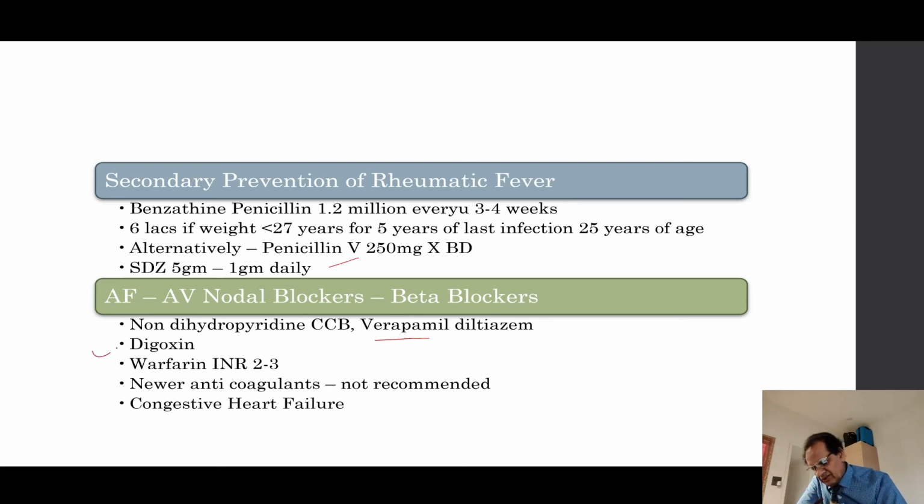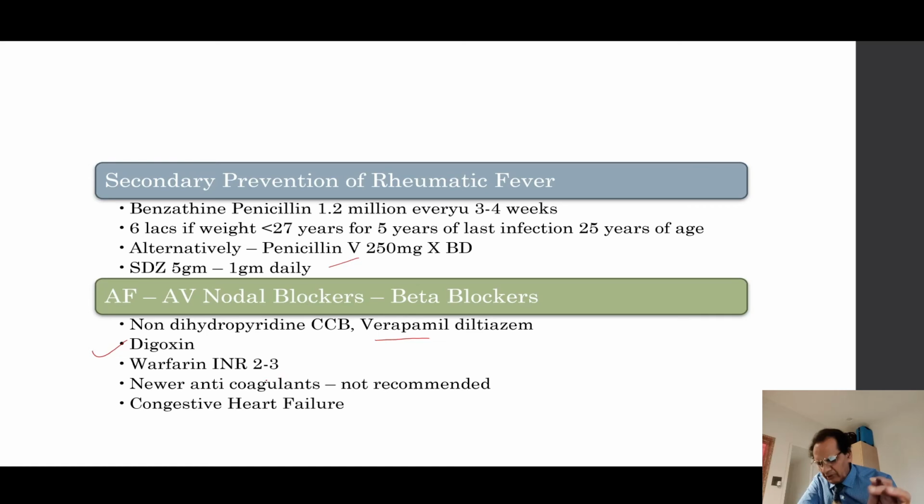Digoxin is used for the rate control, and it's the ideal drug as far as mitral stenosis with atrial fibrillation is concerned. But along with beta blockers, then only the rate will be controlled in an ambulatory patient.